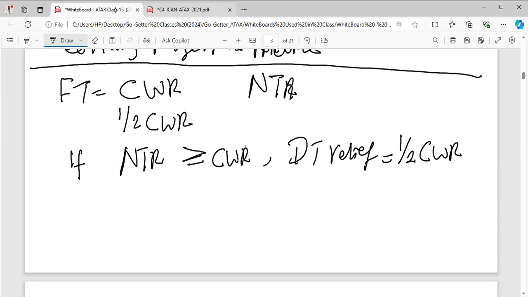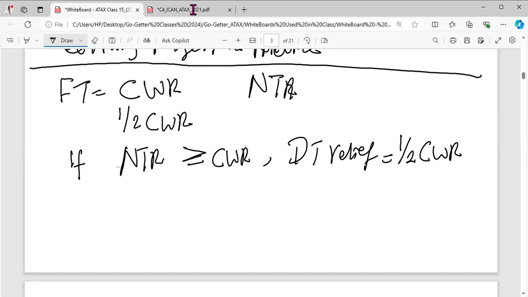That means it's not bigger. So Nigerian tax might be bigger than the Commonwealth, or Nigerian tax might be equal to the Commonwealth. Once Nigerian tax is bigger than that, use half of the Commonwealth rate.